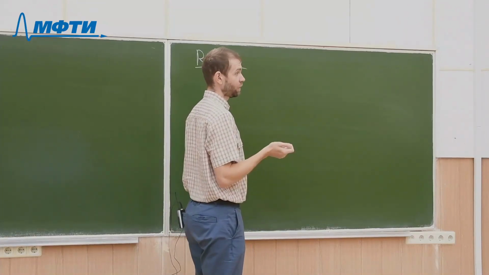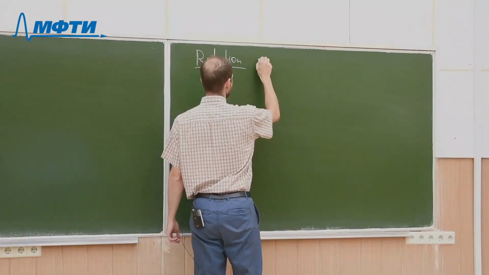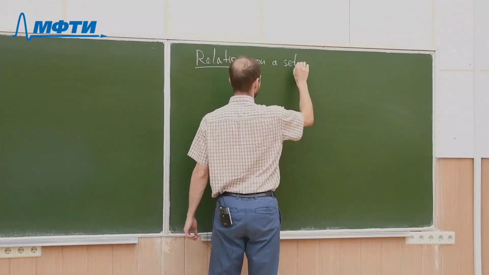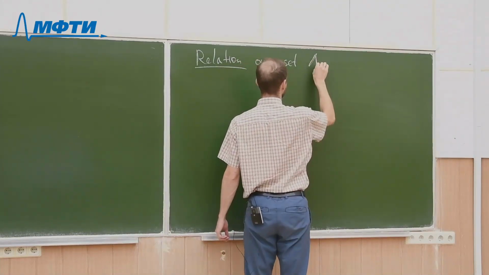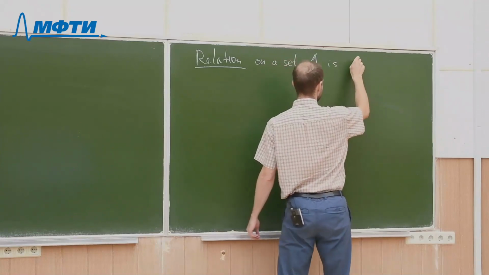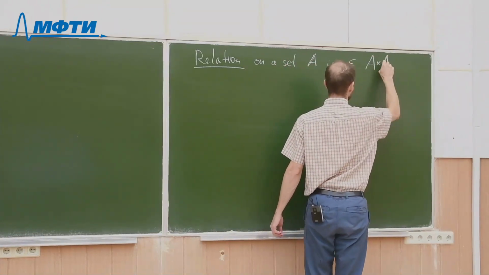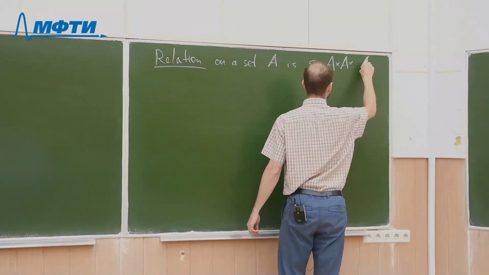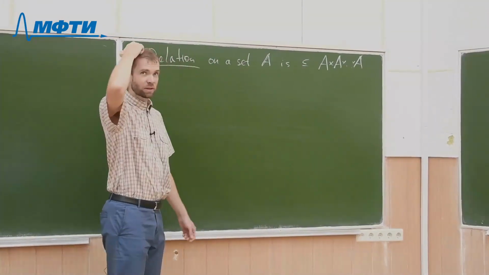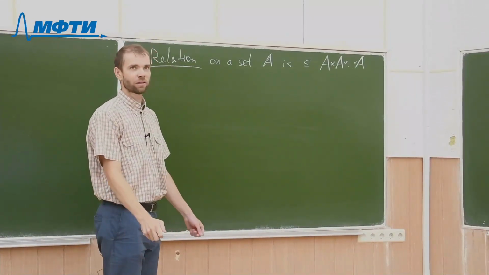So a relation on a set A is a subset of Cartesian product A times A times A. That sounds a bit strange. Okay, so it's not clear what this is all about.